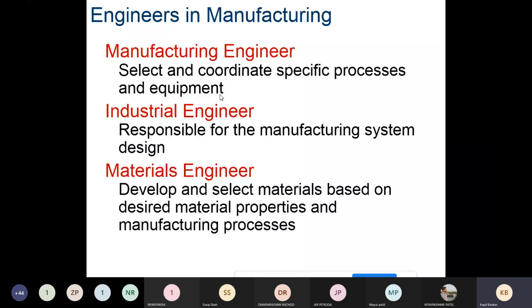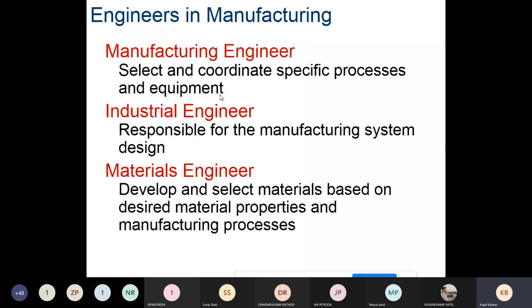That place is known as the shop floor. And on the shop floor, one person is appointed to supervise and coordinate all these tasks, and that is the manufacturing engineer, or you can say the production engineer. So the role of the manufacturing engineer is to select and coordinate specific processes and equipment. Second is the industrial engineer.